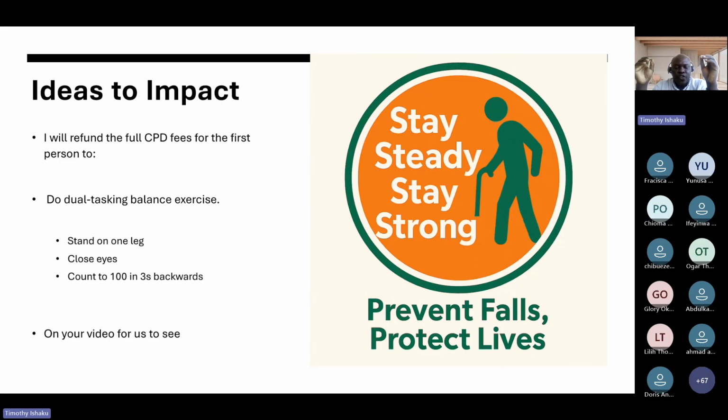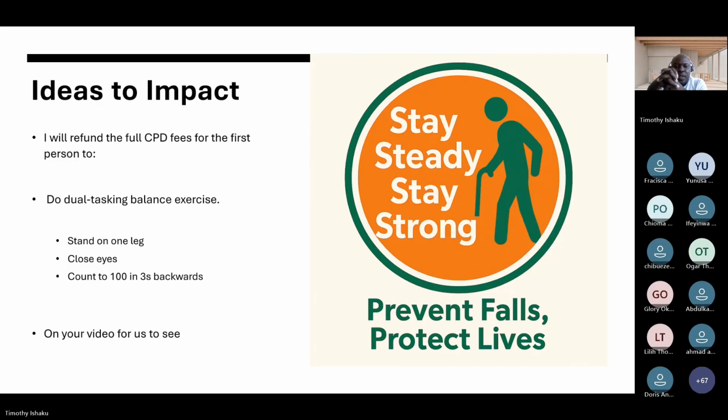Once you challenge the base of support in whatever shape or form, it becomes difficult, and your musculoskeletal system has to work harder to balance that challenge. So standing on one leg, you are challenging the musculoskeletal system or the somatosensory system of balance.